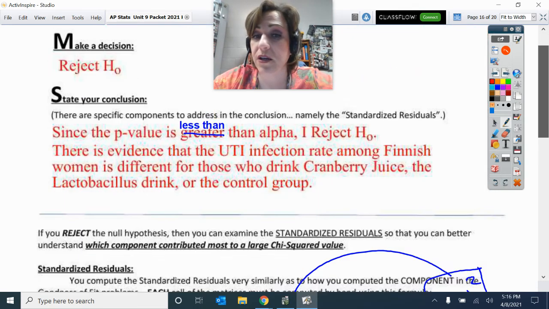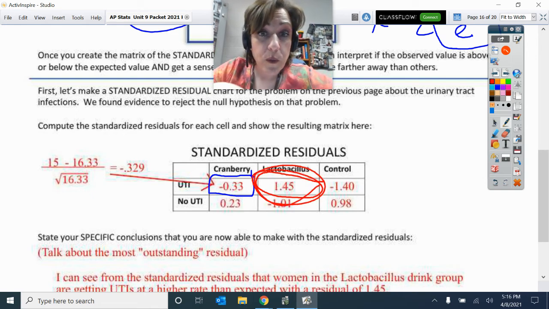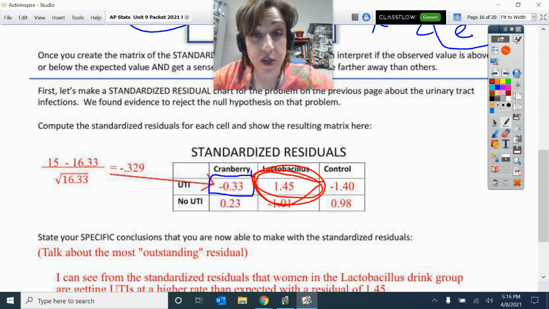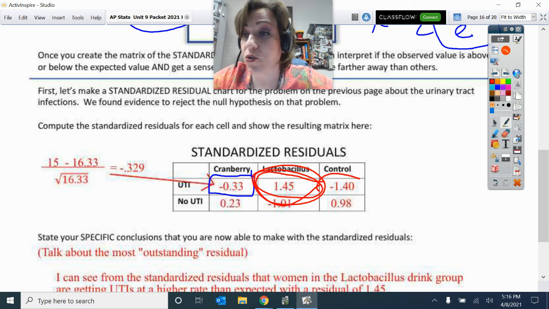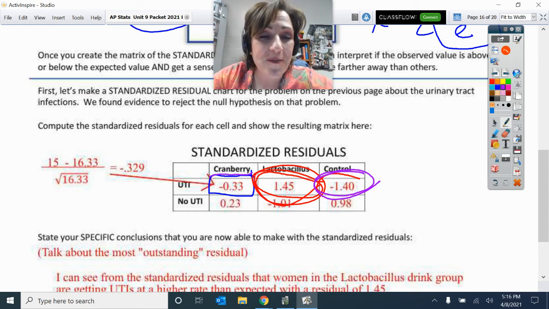That gave me a positive 1.45. So the women in the lactobacillus treatment got urinary tract infections at a higher rate than expected. Now, this is interesting. The control group ended up being negative 1.4.